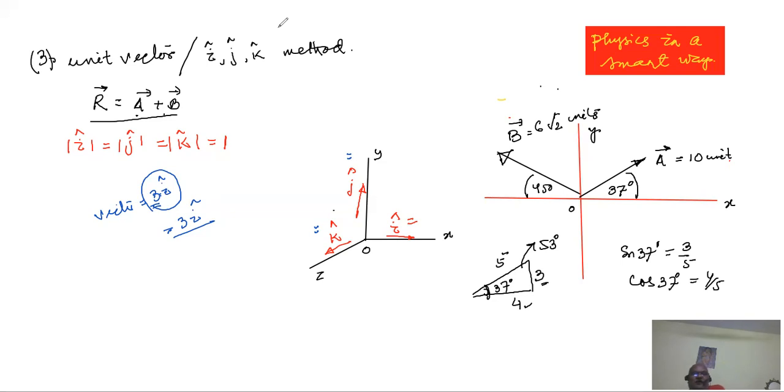That creates complication. Of course, that can be resolved, but not now, readily. So if with I cap, j cap, k cap, we multiply suitable magnitude, then they assume vector natures, they become full-fledged vectors, and it will be easy to deal with them, and our job will be comfortable, especially when you are dealing with the summation of vectors.